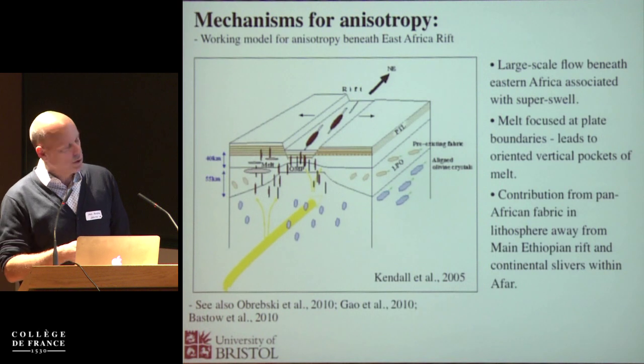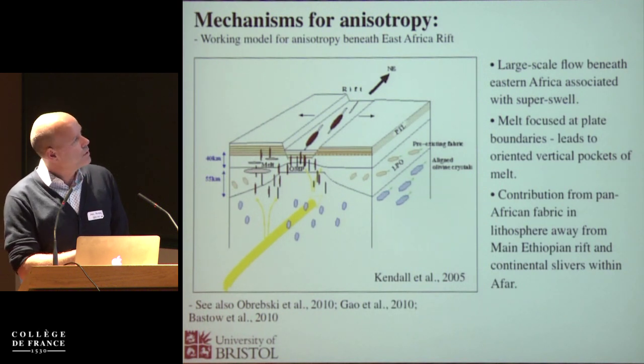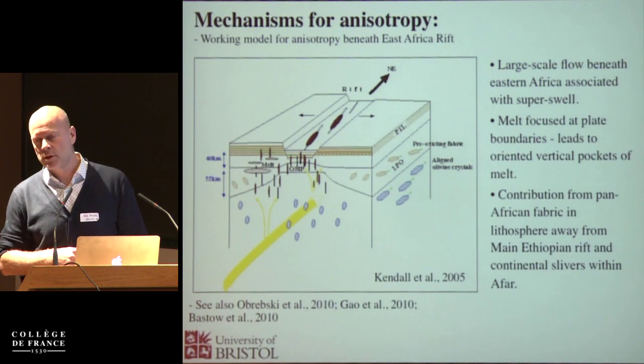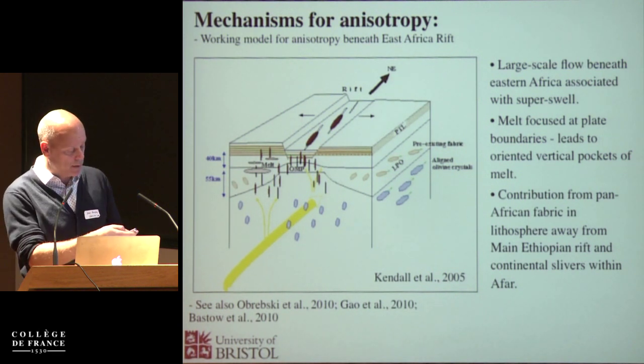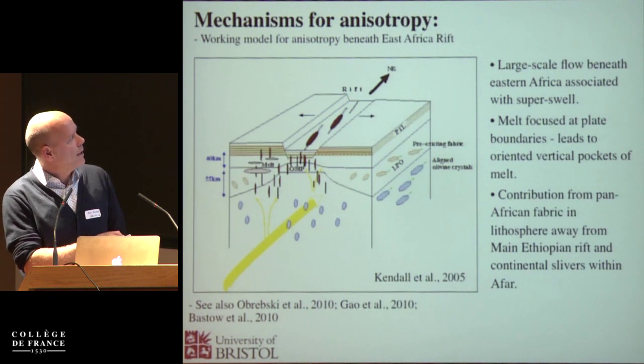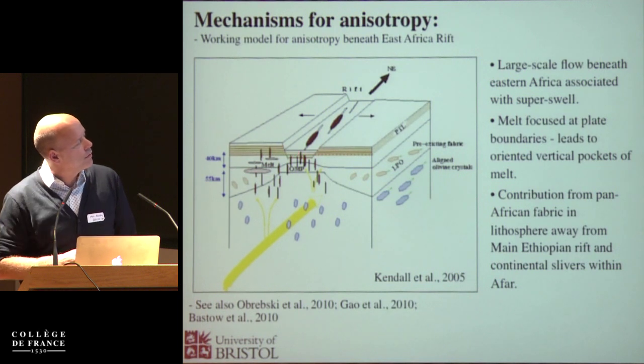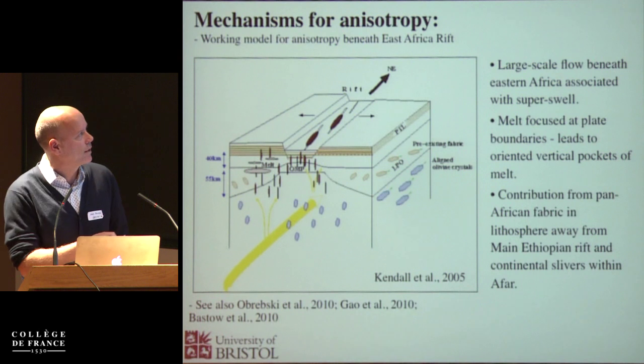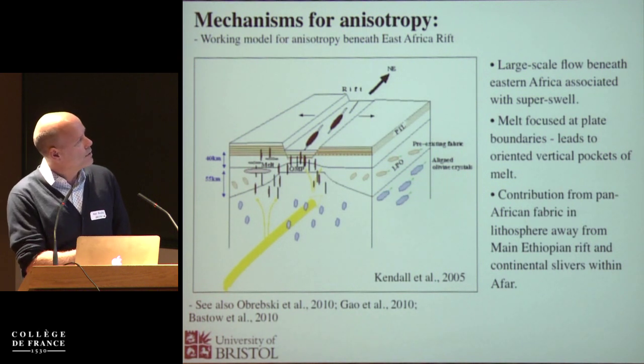And so this was an early working model we developed, which basically said that below the whole area we've got a multi-layer anisotropy. We have probably preferred crystal alignment associated with the density-driven flow towards Arabia. And then as the decompression melting starts to punctuate through the lithosphere, we get aligned melt inclusions that will be very effective at generating anisotropy.